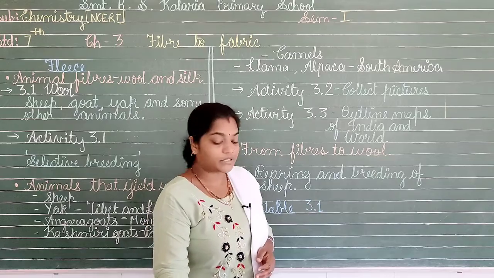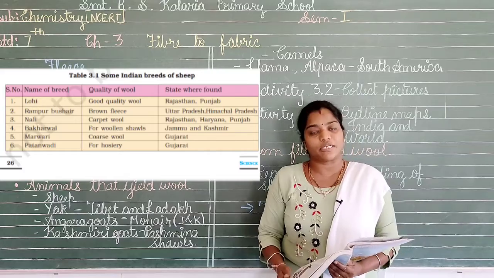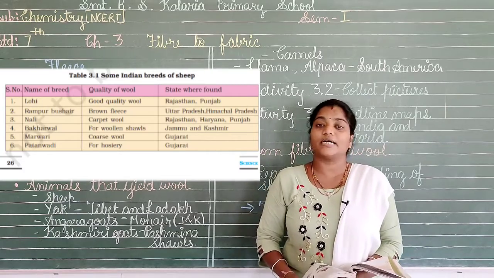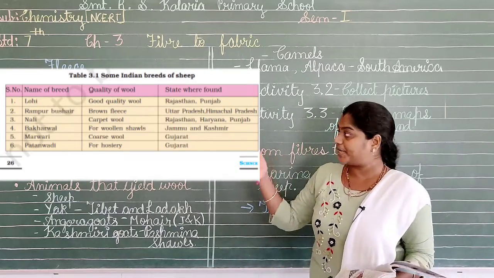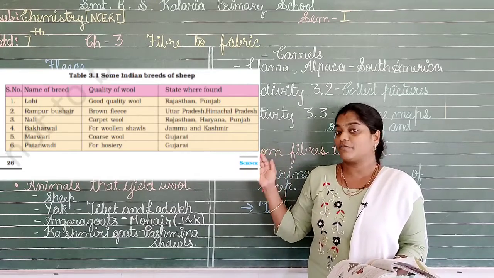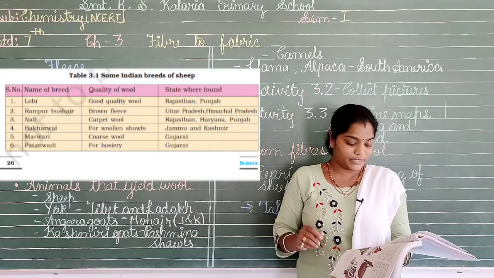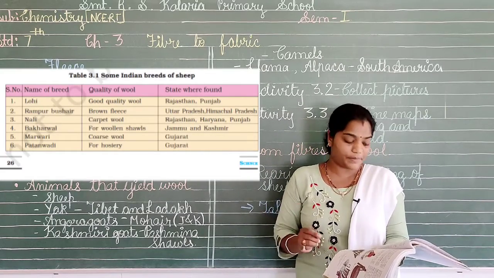So, in this we have table 3.1. As you can see here on the screen, table 3.1 tells us about the name of the breed. The second portion is the quality of the wool, and then we have the state where they are found. So, here we have number 1, that is Lohi, which is a good quality wool found in Rajasthan and Punjab.